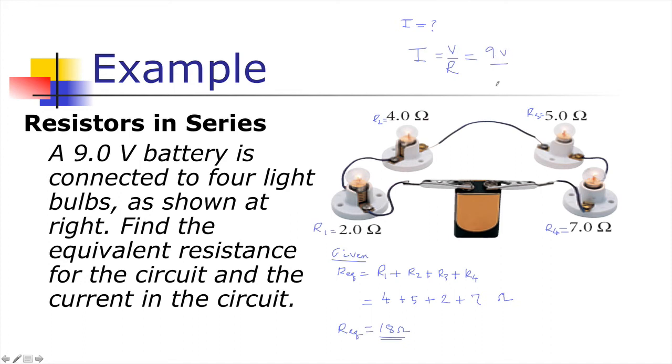Divide that by resistance. Which resistance? The total resistance, of course. So this will be 9 divided by 18 ohms, which is 0.5. What is the SI unit of current? 0.5 ampere.